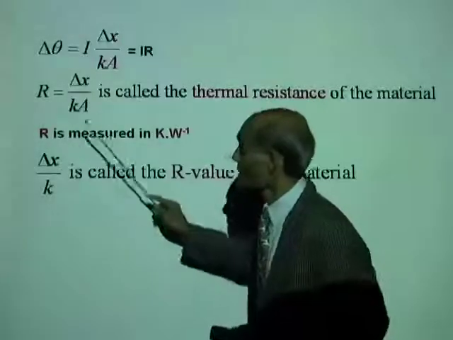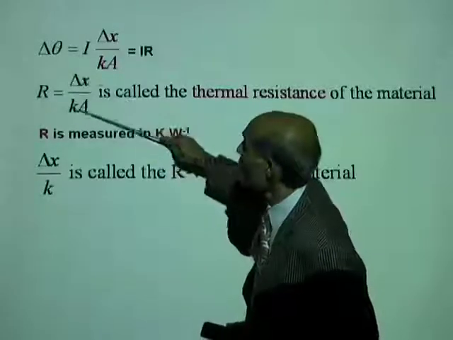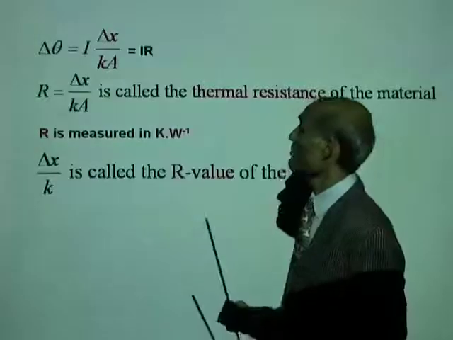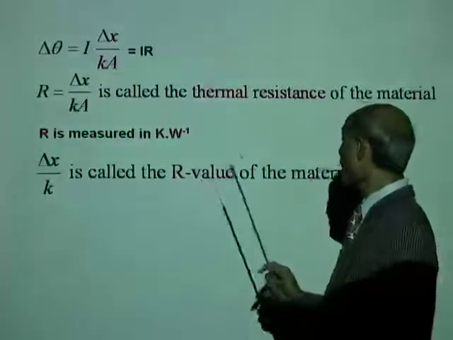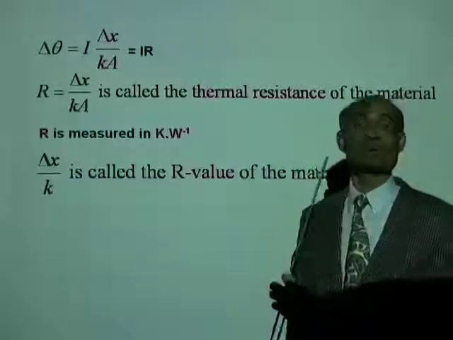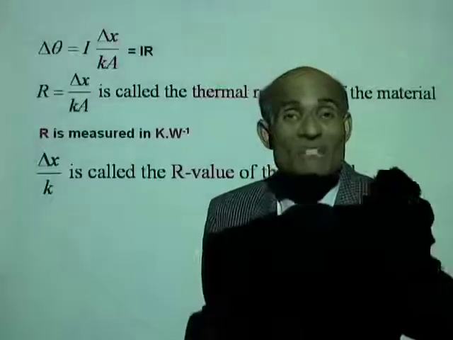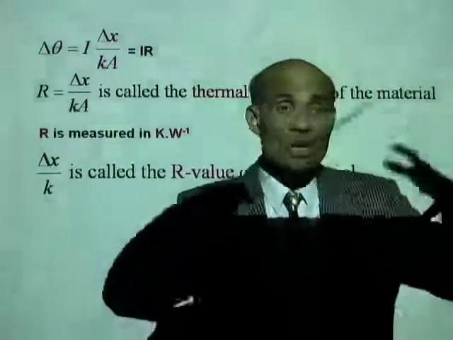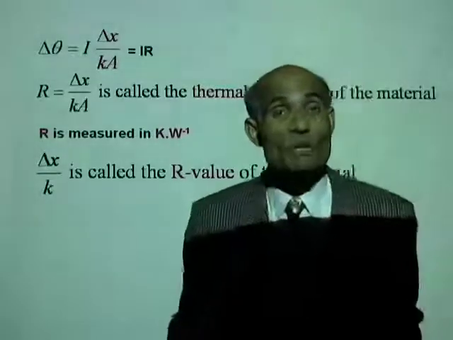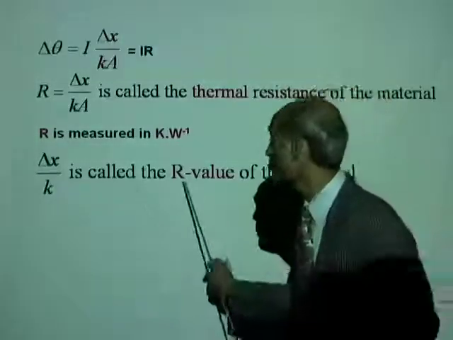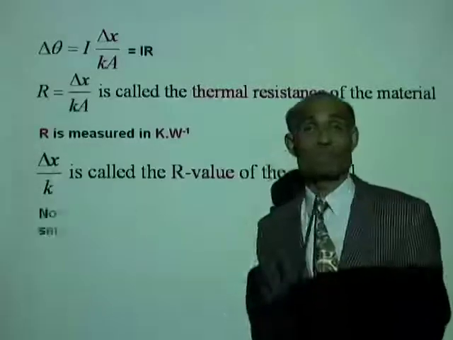Now look at this quantity. Delta X divided by K. This has a special significance. Delta X divided by K is called the R value of the material. Now, if you go to Home Depot to buy some insulating materials, now we use a lot of insulating materials when we build our homes, is that right? If you go to Home Depot to buy insulating materials, it is rated for its R value.